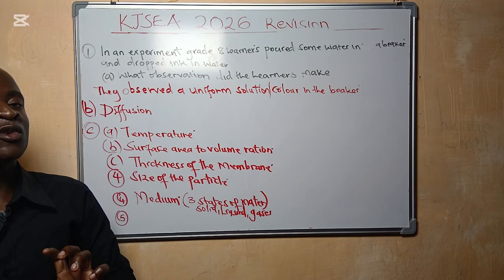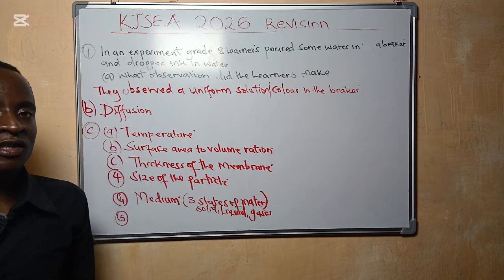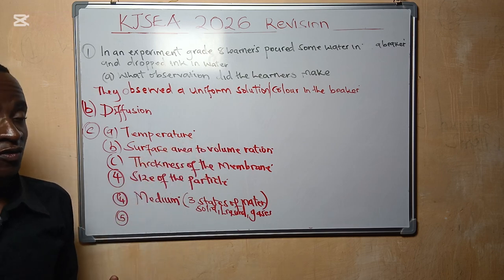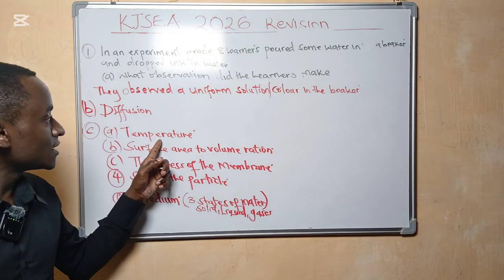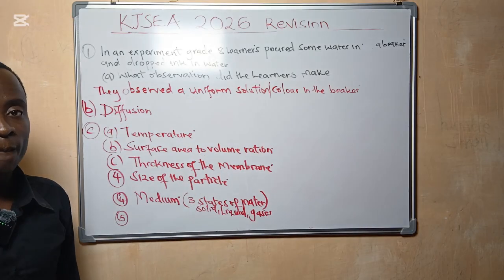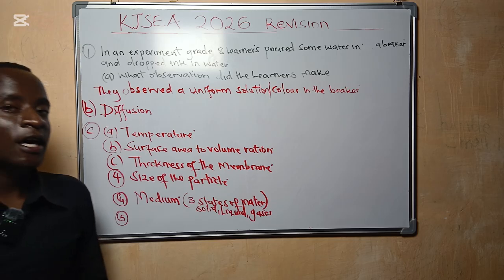The movement of particles from a region where they are highly concentrated to a region where they are less concentrated increases. Now you need to ask yourself a question. Why is it that when you increase the temperature, you increase the rate of diffusion? I'm giving you time to figure out. This is what happens.